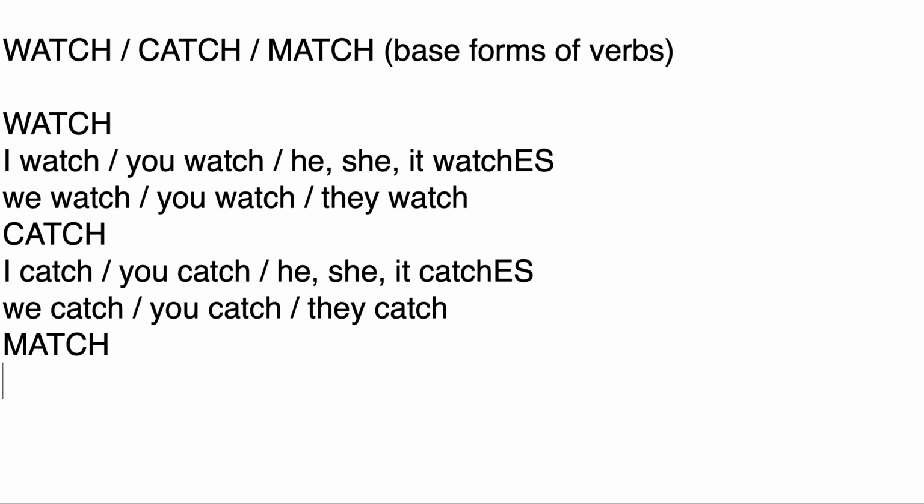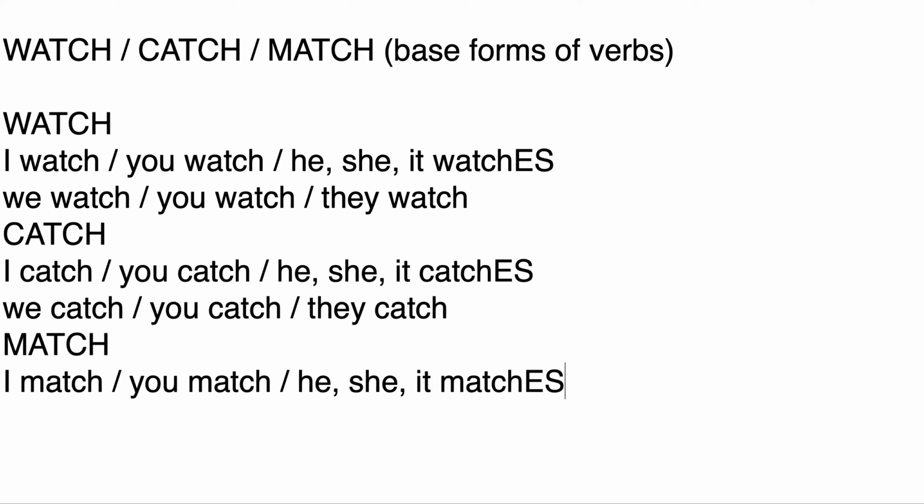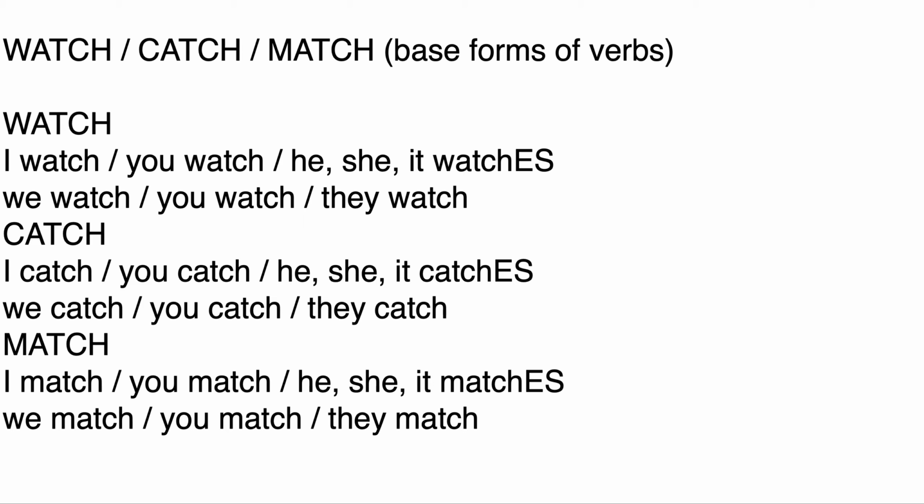These colors match together, or match well together. I match with you. I match, you match, he, she, it matches. So the same thing happened. ES. Followed by we match, you match, and they match.